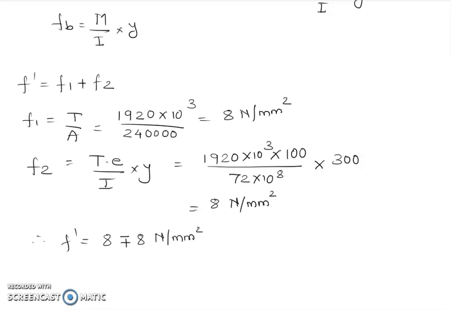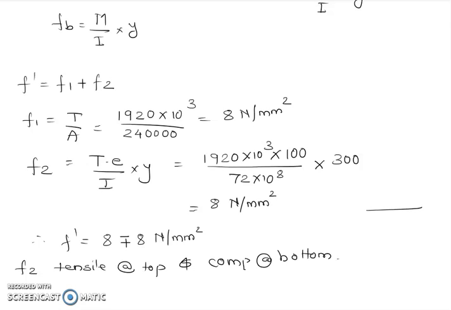Now let us discuss what will be tensile and what will be compressive here. On that this sign convention will depend. F2 will be tensile at top and compressive at bottom. Why? Because at the bottom there is the tendon that is already available.